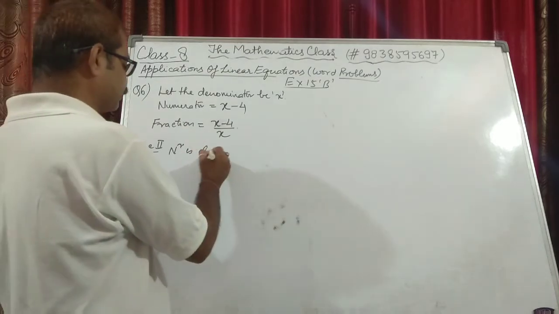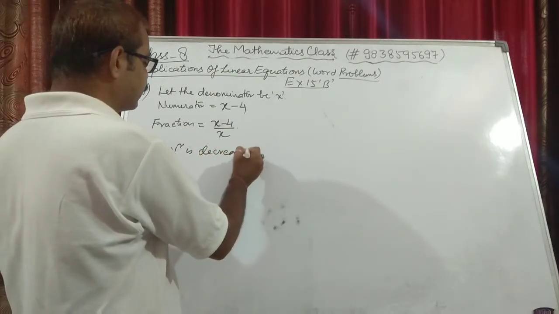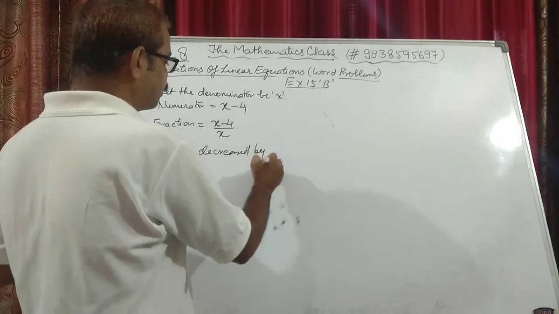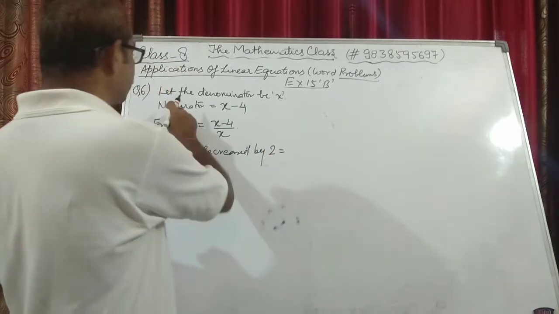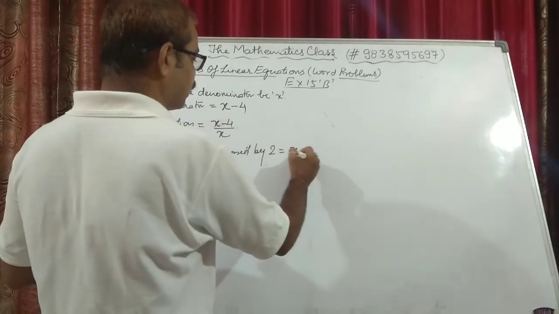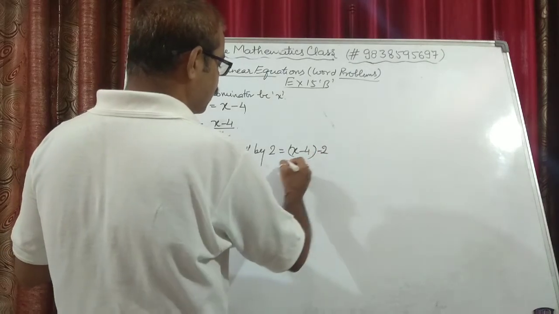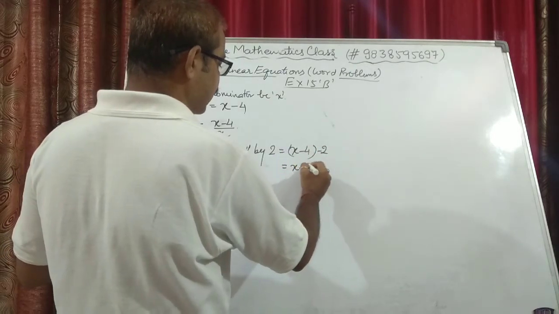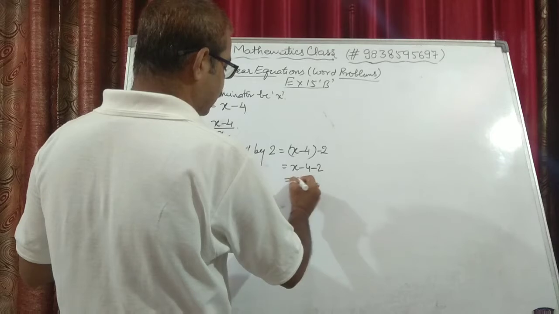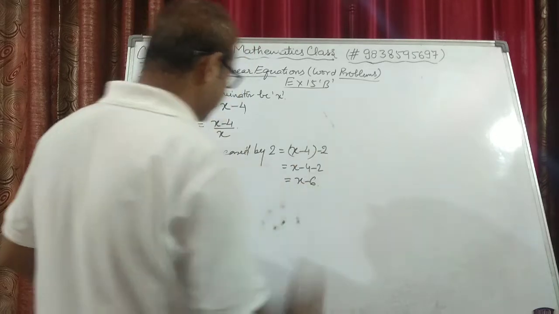It means the numerator was initially x minus 4, and now it has been decreased by 2, meaning minus 2. So the numerator is x minus 4 minus 2, that becomes x minus 6.